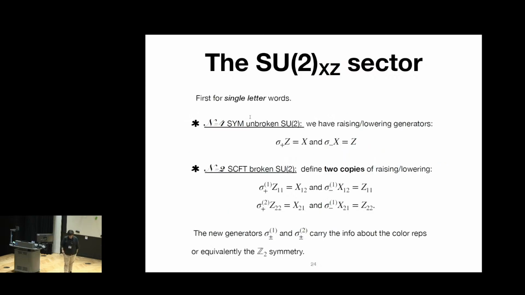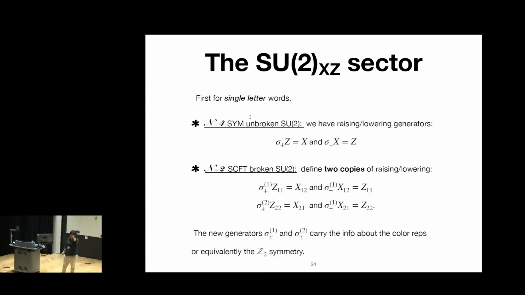Let's do this, and let's do it as stupidly as possible so that everyone can follow. So in N=4, we have an SU(2) algebra, and we have raising and lowering operators, and they tell us how to go from X to Z. Now we have lost the SU(2), but let me nonetheless define raising and lowering operators.